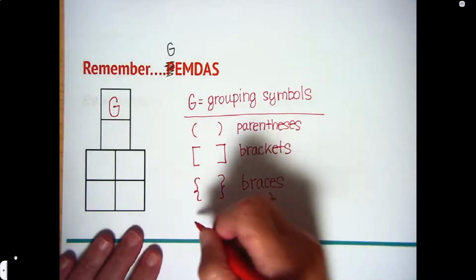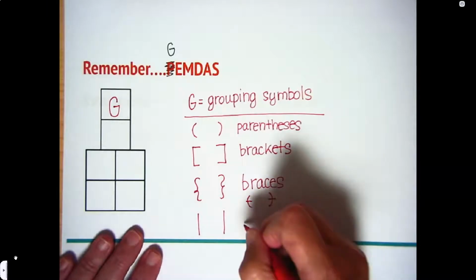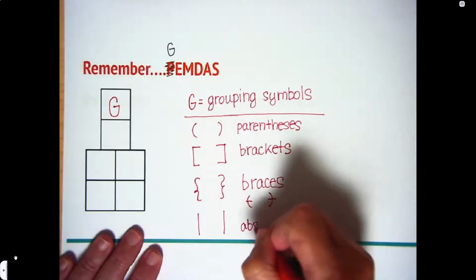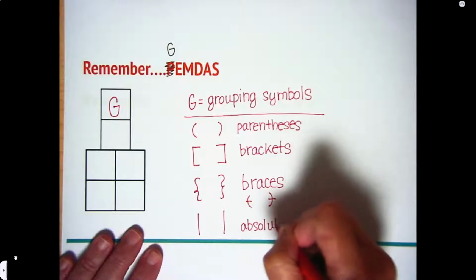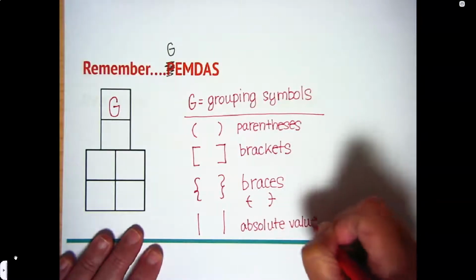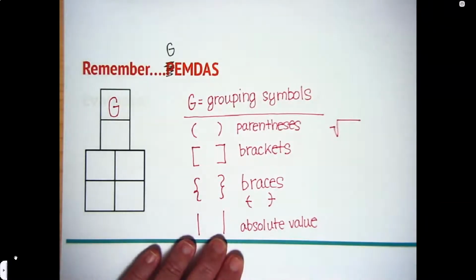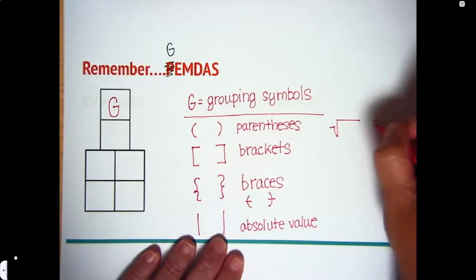Other types of grouping symbols. You may remember seeing these. Two vertical bars. You will remember that those stand for absolute value. You may remember seeing this symbol in your Algebra 1 class and in geometry as well.